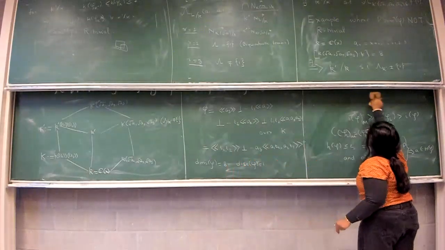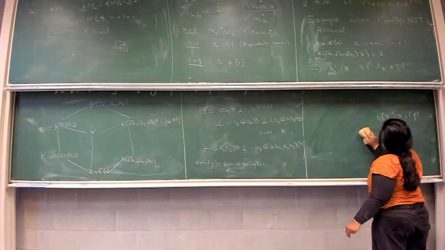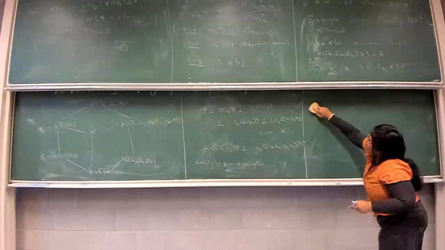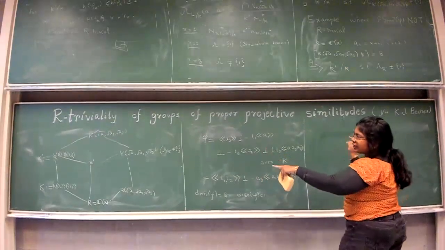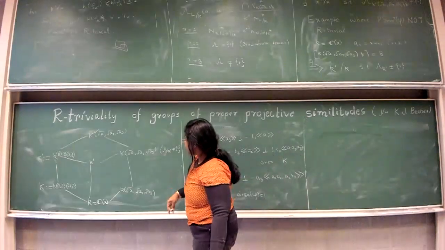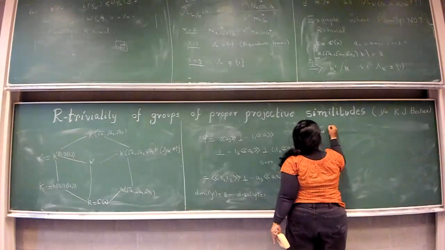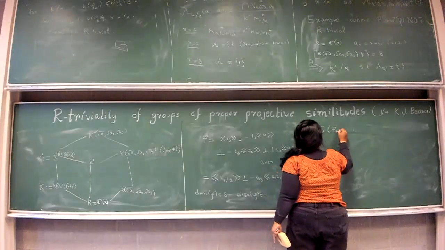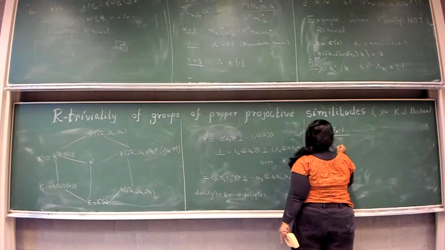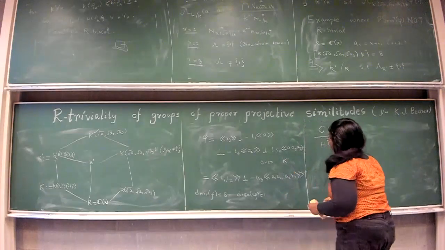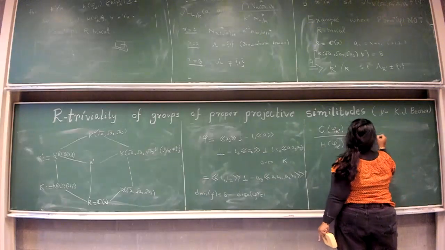Also, over the field K dash, it will be isomorphic to this lambda.